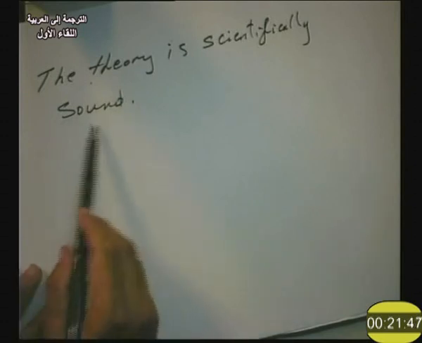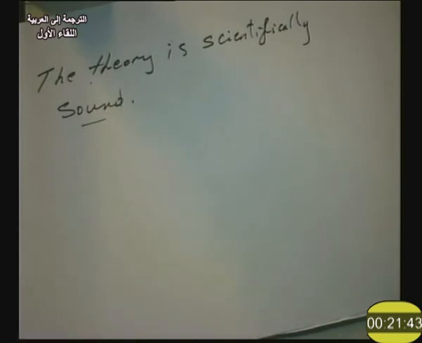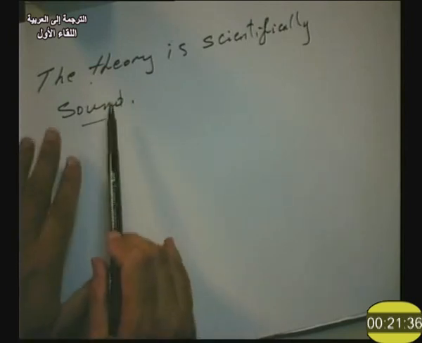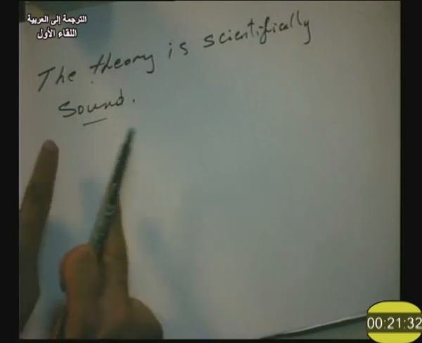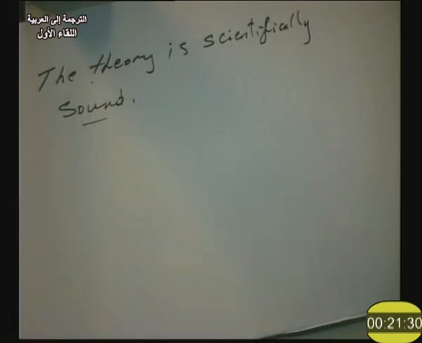The word sound here has nothing to do with sound, with صوت, like sound system, sound units, and so on. The theory is scientifically sound تعني سليمة، إن النظرية سليمة من الناحية العلمية.